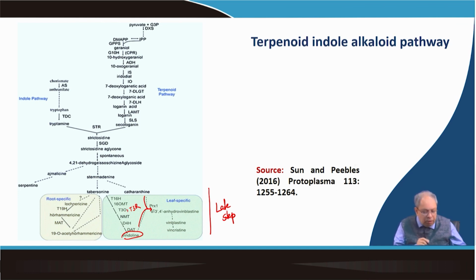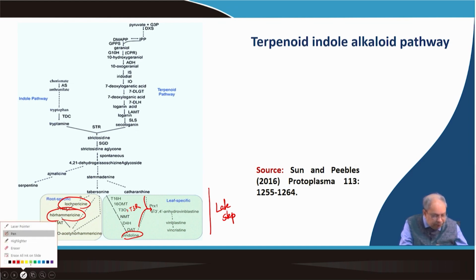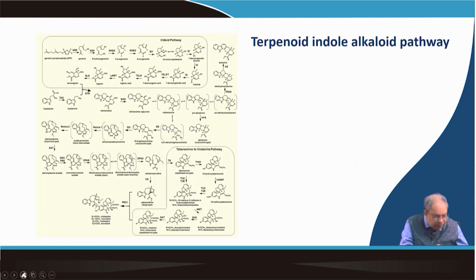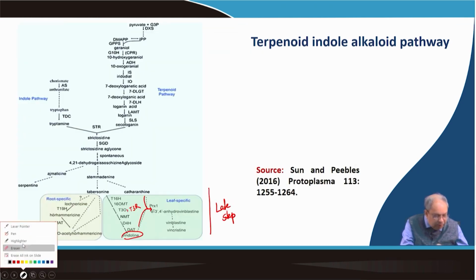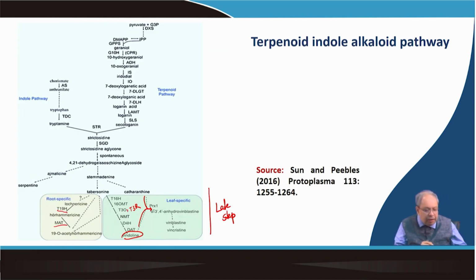However, in the roots tabersonine is converted into lochnericine as well as hörhammericine, and then 19-O-acetylhörhammericine. The enzymes responsible for these pathways are also well characterized, like T19H and MAT.